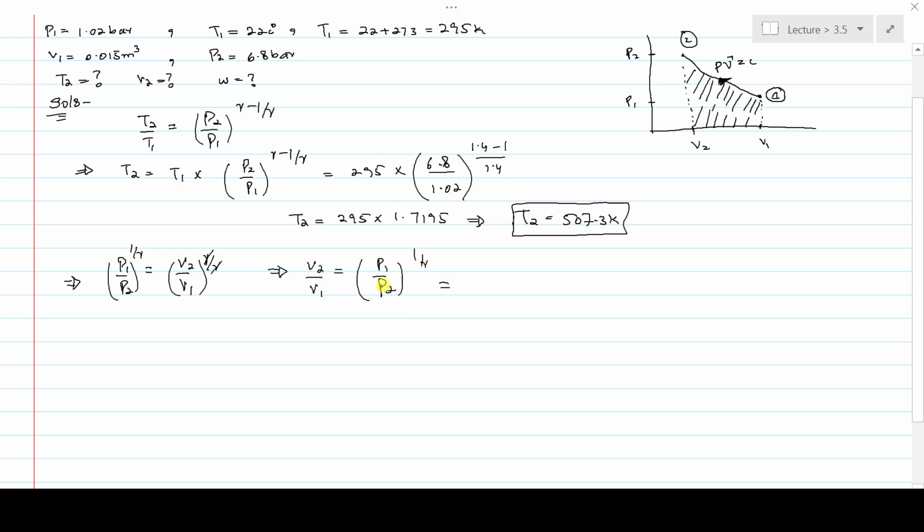Now just simply put the values and arrange these equations for V2. Solve this on a calculator, you will get the final volume V2, and it is 0.0038 meter cube.